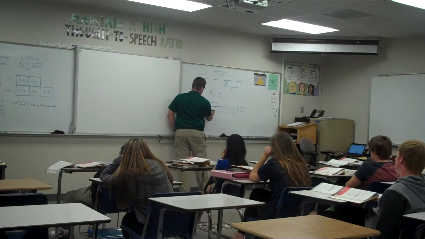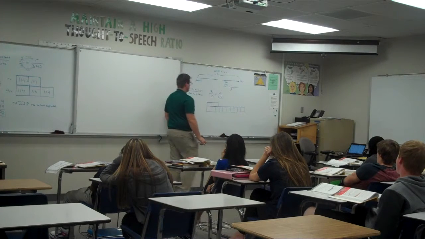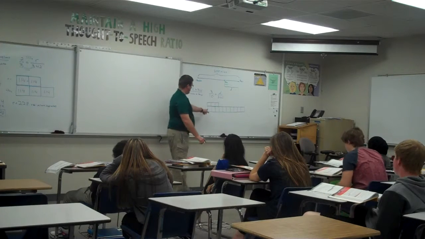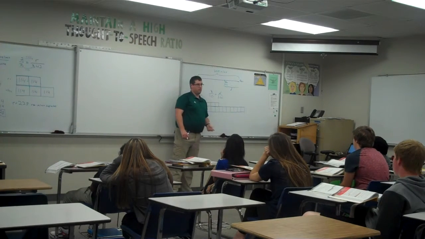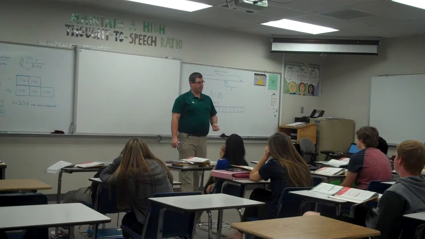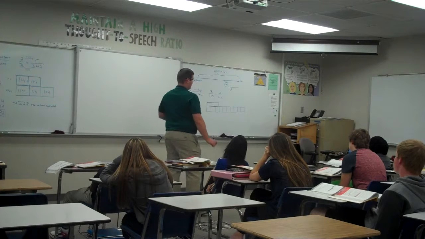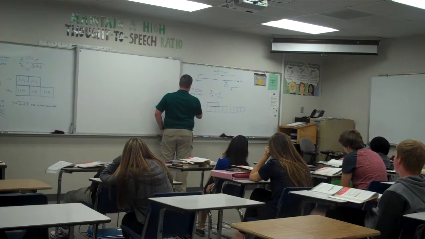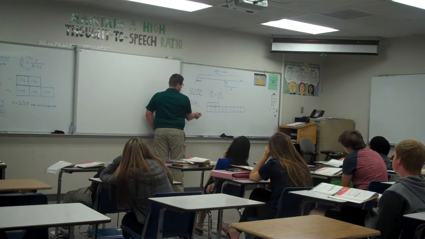We have 10 here. 1, 2, 3, 4, 5, 6, 7, 8, 9, 10. Okay? So how can I figure out how many miles are in each box? How do you get that? Divide 200 by 10.